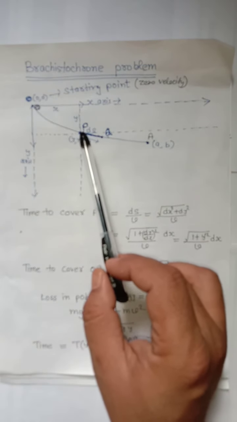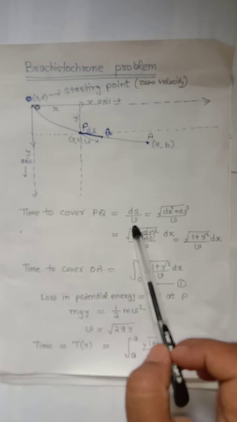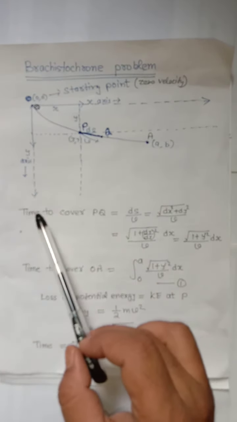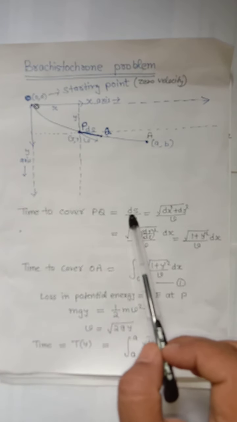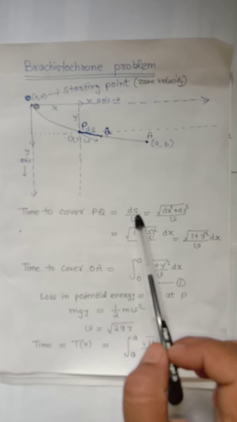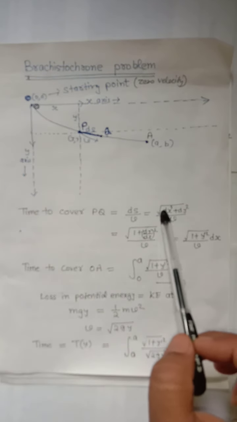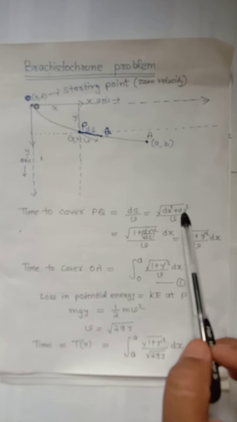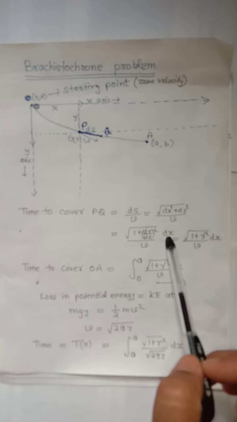So distance is ds here and velocity is v. So the time taken by the bead in covering PQ will be ds upon v, and ds can be substituted by under root dx square plus dy square as we have done in the previous problem, and I have taken dx as common.